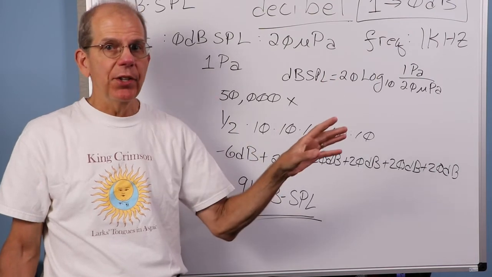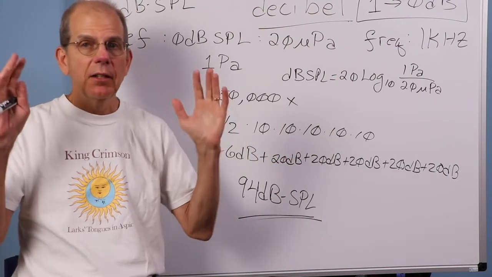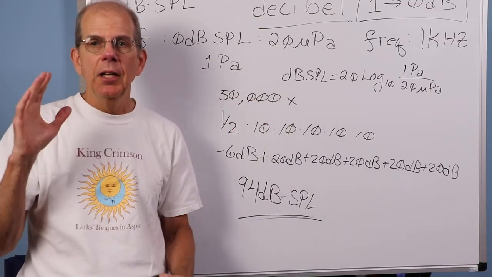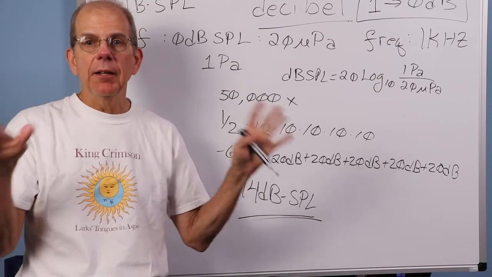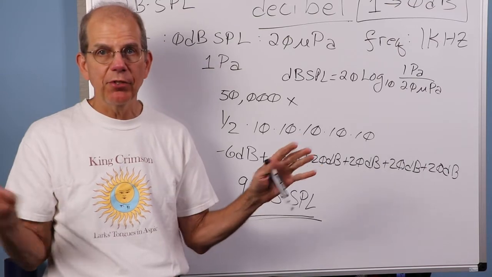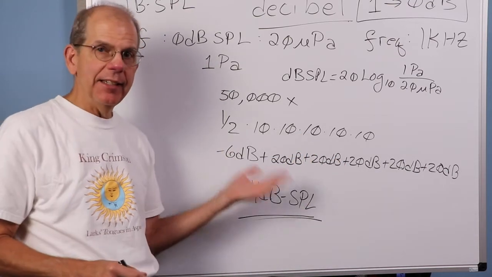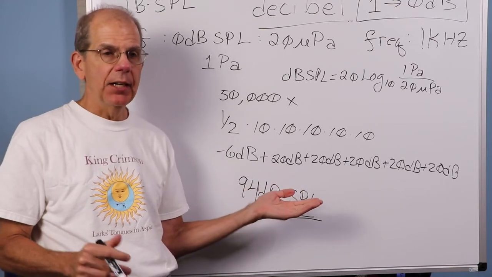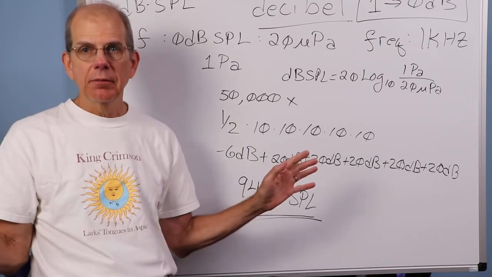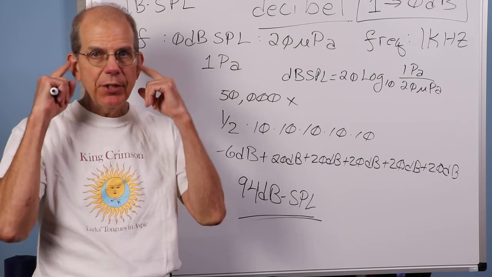Just a little side note here. In the US anyway, OSHA, a US federal government agency, says that if you work in a factory or someplace like that, and the average sound pressure level over an 8-hour day is over 90 dB SPL, it's actually a weighted thing that we'll talk about in another video, but over 90, you have to have hearing protection to protect your ears.